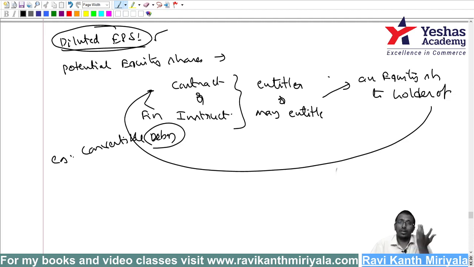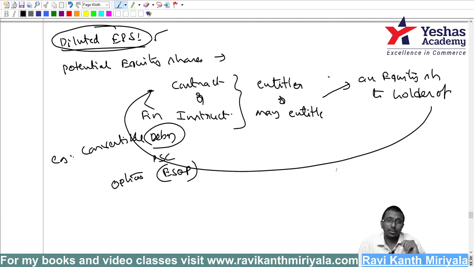Getting my point? A convertible preference share capital, options like ESOP, basically. ESOP is an option, may be entitled, if the employees continue to serve for some number of years or satisfy the performance conditions. Then they are entitled, it depends.